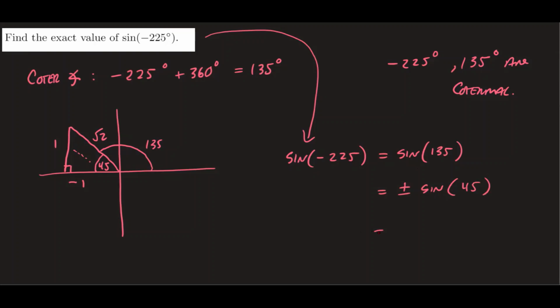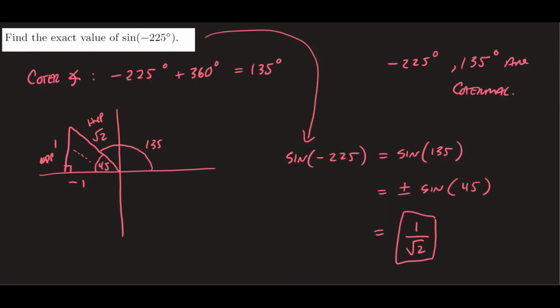And now we read off from our picture, sine is opposite over hypotenuse. So across from 45 is opposite, and this is hypotenuse. So we have opposite 1, hypotenuse radical 2. So that would be our exact value.